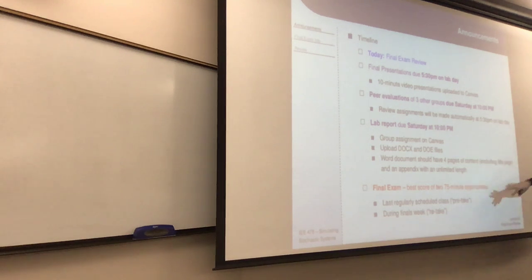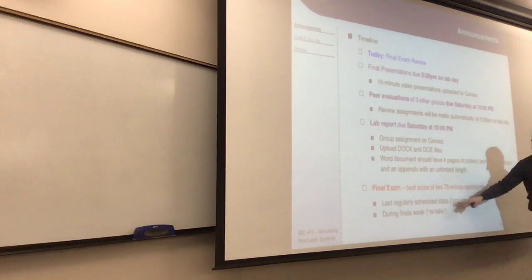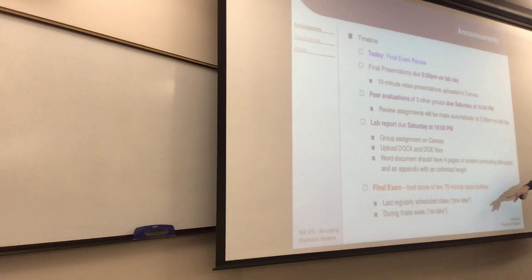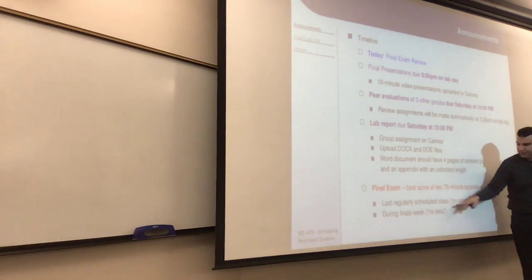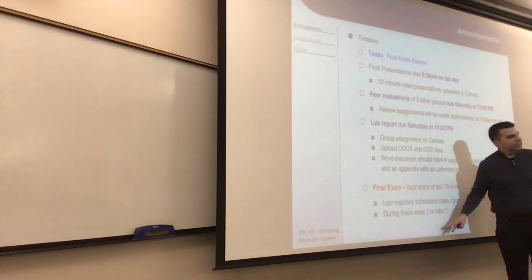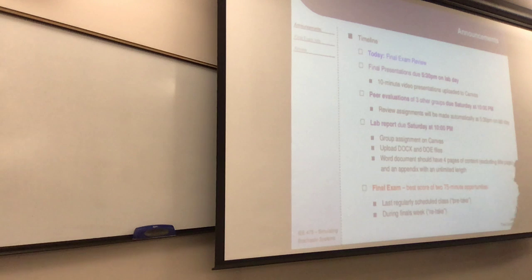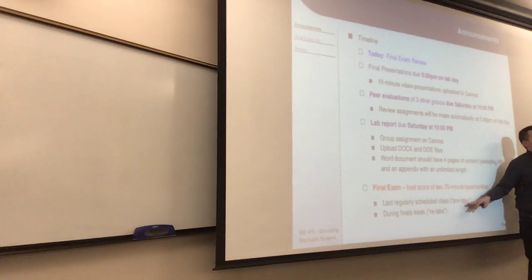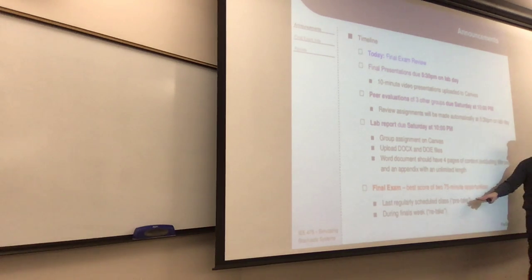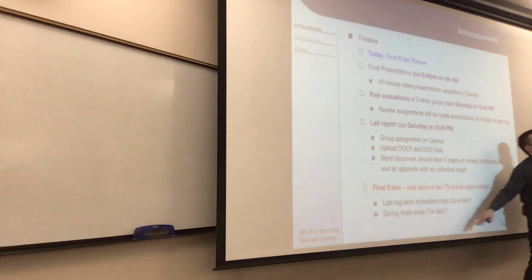And then the final exam, which is distributed between this week and next week. The last regularly scheduled class is the pre-take, and then during finals week on Tuesday is the retake. I've been emailing the TAs almost daily, asking them to make sure you get grades in so that when people have their pre-take scores, they can confidently say whether they want to come in to do the retake.